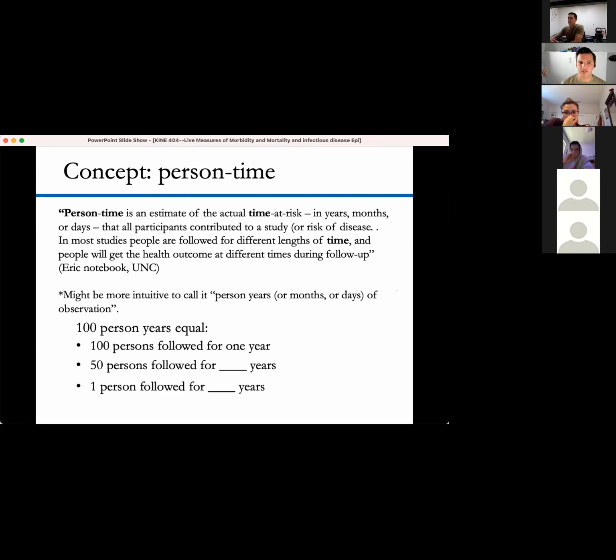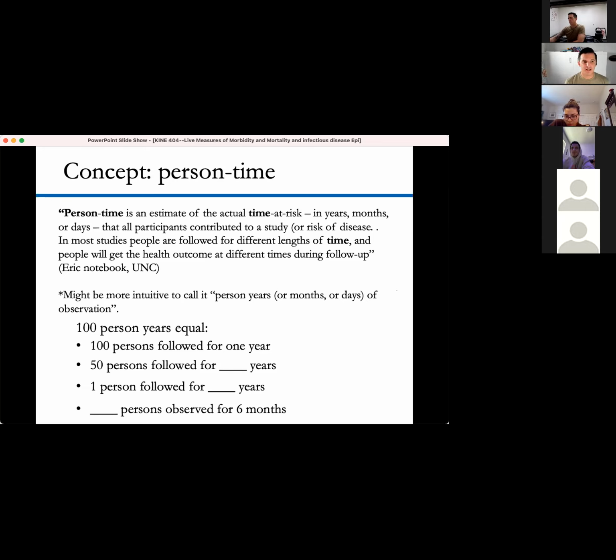That's the equivalent of 50 people followed for 2 years, 100 people followed for 1 year, or it could be how many people followed for 6 months. 200. 200 people followed for 6 months because each person is contributing 6 months at risk for that particular disease.